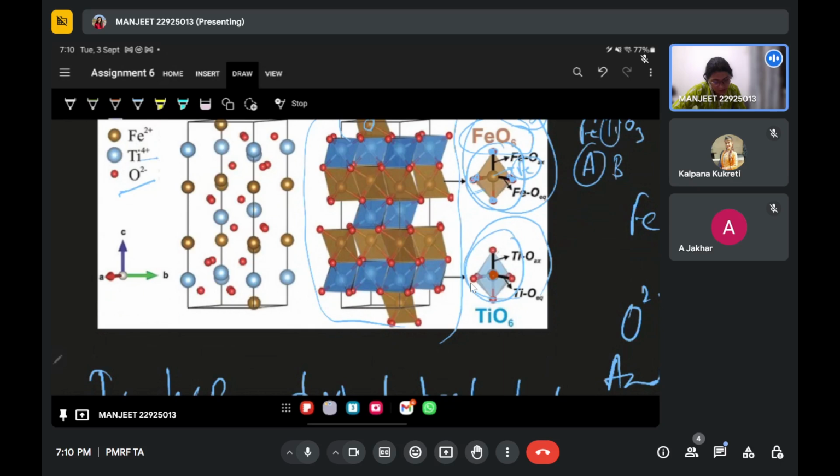Similarly, if you see the titanium, this titanium is connected to one oxygen here, another is this one, this one, this one, and this one. So this titanium 4 positive is also connected to 6 oxygen atoms.